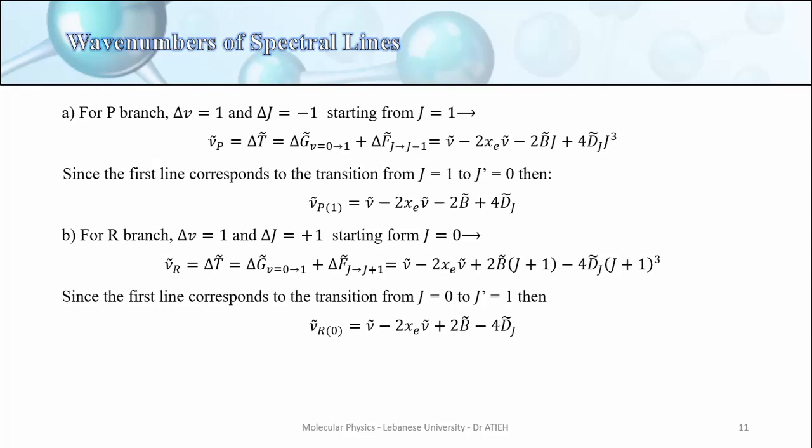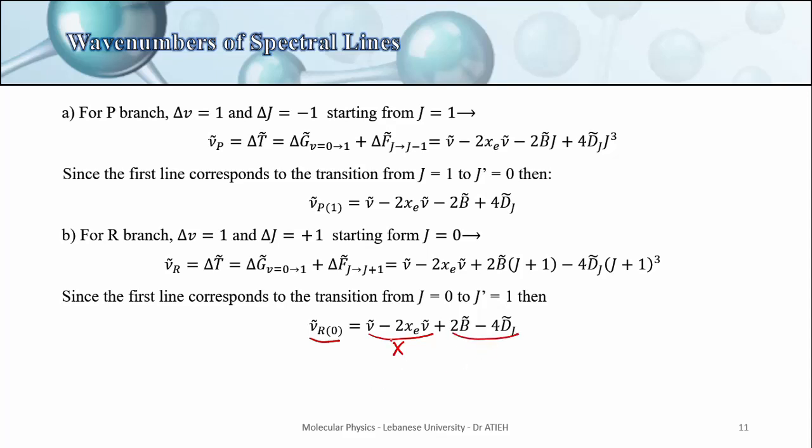في شغلة تانية كمان ننتبه لها إنه the spectral lines of the P branch and the R branch are symmetrical and this appears from their formulas, from the formulas of the wave numbers. So let's take the first line in the R branch. It's equal to this term, let's call it for example x, plus 2b minus 4d.